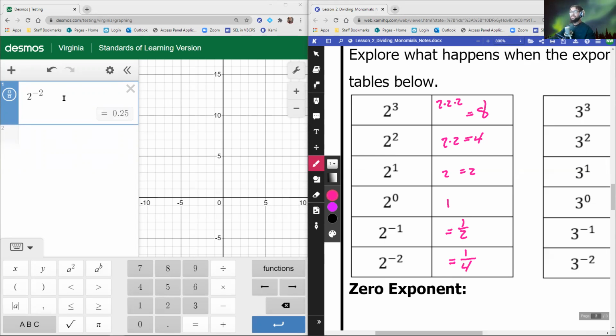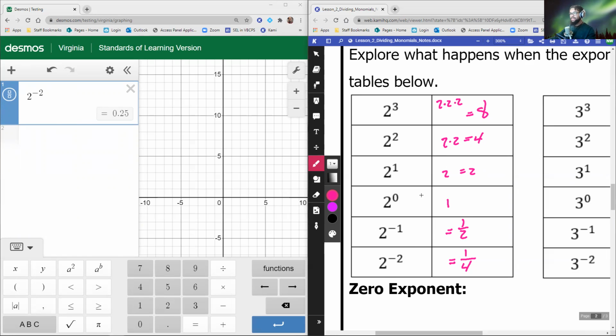Now, when we're doing these, it's best for you to write them as a fraction and not as a decimal. That makes the math a little bit easier. All right, so we see what's going on. What I notice that looks interesting is that 2 to the 1 is 2, and 2 to the negative 1 is 1 over 2.